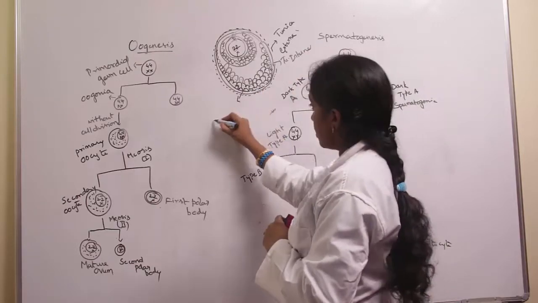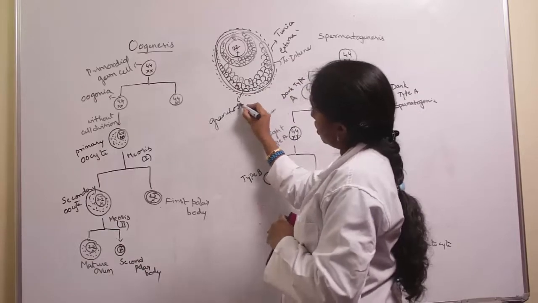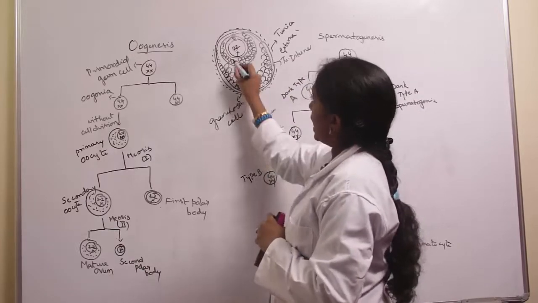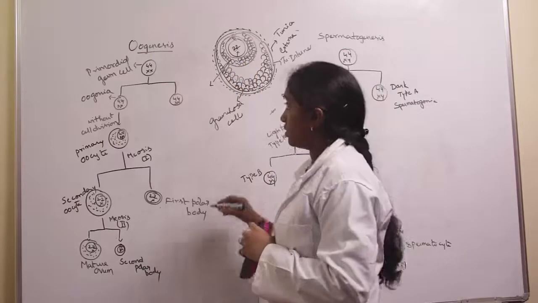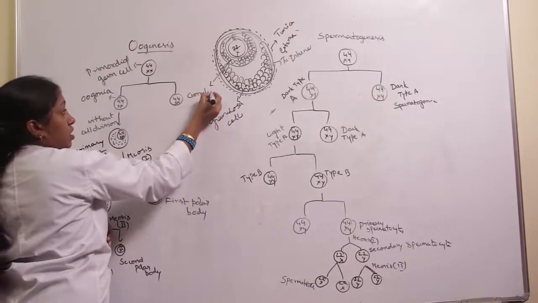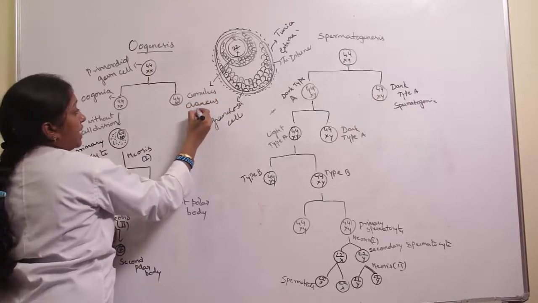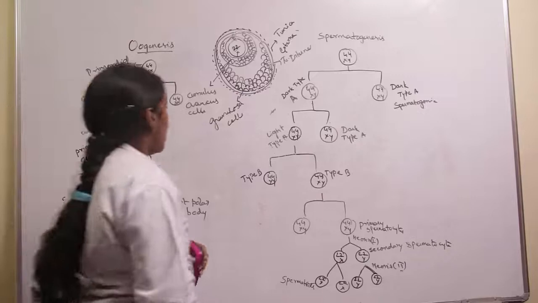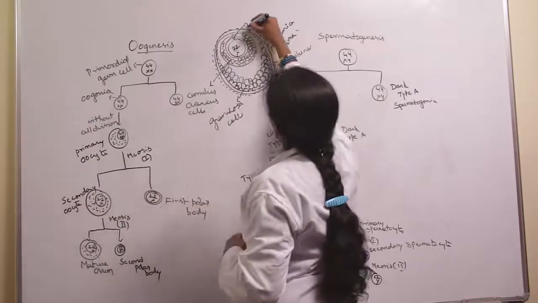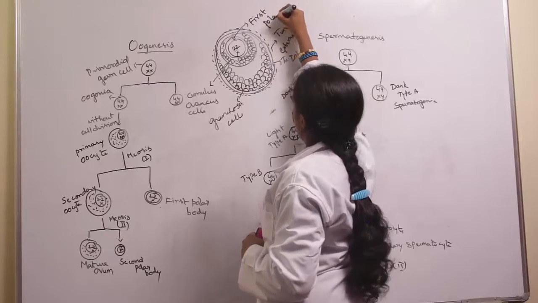These are granulosa cells, and these are cumulus ovaricus cells, which immediately surround the secondary oocyte. And this is the first polar body.